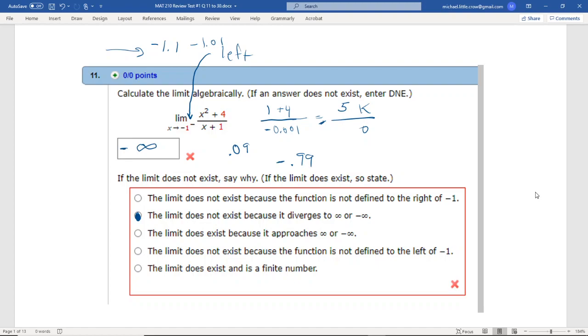So on the right hand side, we would have had going to positive infinity. Okay, so what ends up happening at -1, on the left side coming from here, we shoot down to -infinity. On the other side, we shoot up to positive infinity. So the limit does not exist.